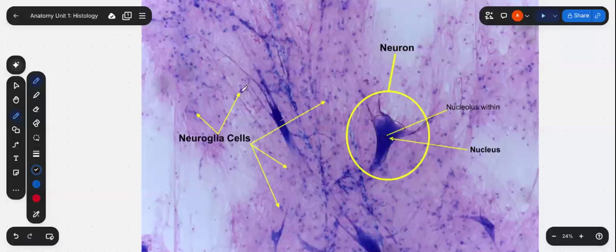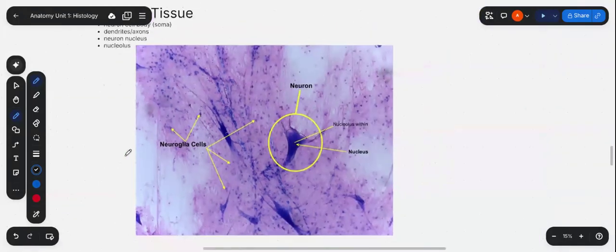Neuroglia is any tiny little dot that is on the outside and it is not part of the soma or cell body of the neuron. So, all of these purple dots over here are also neuroglia. Up at the top, we have a couple, and then as well where the diagram is pointing to them. So, that is everything for nervous tissue.